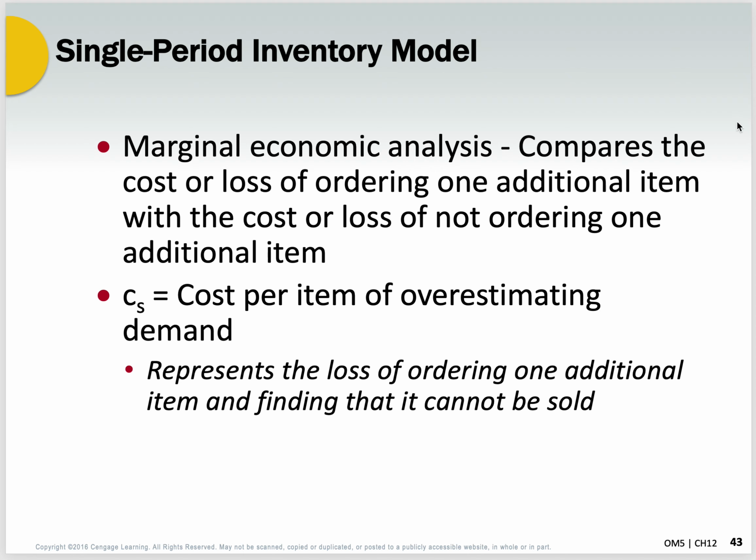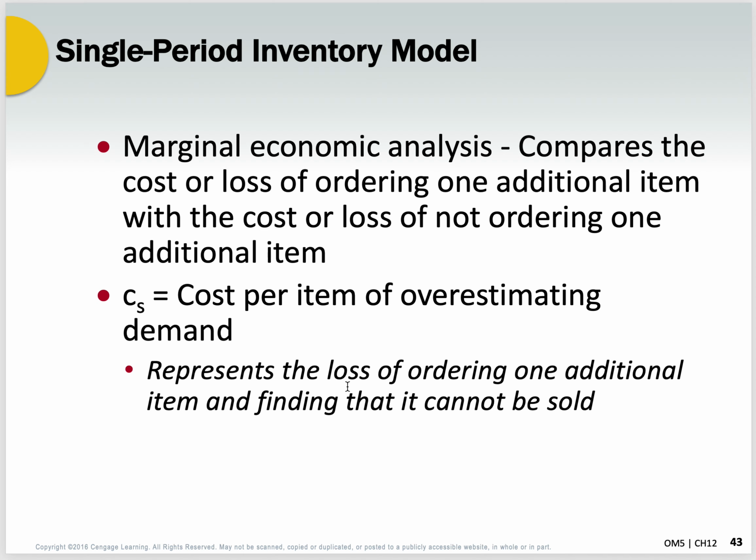So the marginal economic analysis compares the cost or loss of ordering one additional item with the cost or loss of not ordering one additional item. C sub S is the cost per item of overestimating demand. It represents the loss of ordering one additional item and finding that it cannot be sold.